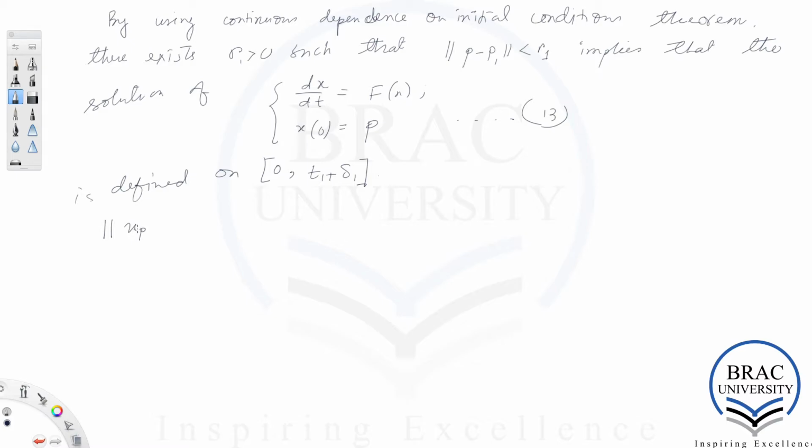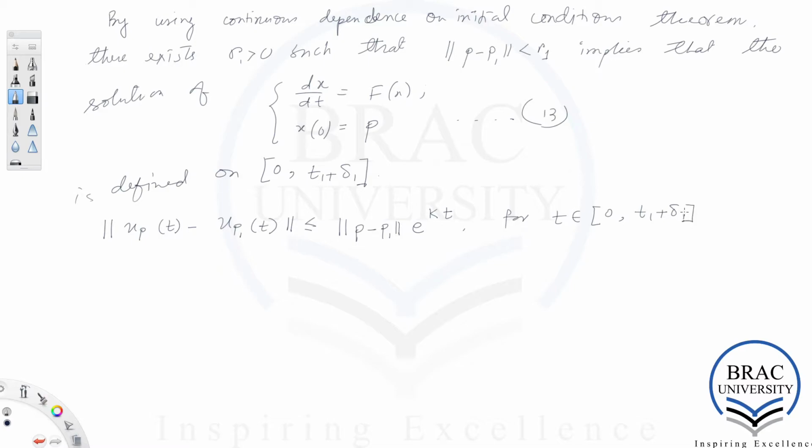The norm of the difference of these two vectors u_p(t) minus u_p1(t) is less than or equal to the norm of p minus p1 times e to the kt for t belonging to this closed interval, t1 plus delta 1.